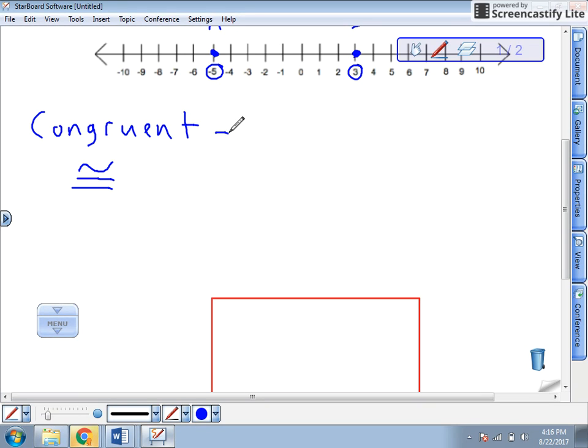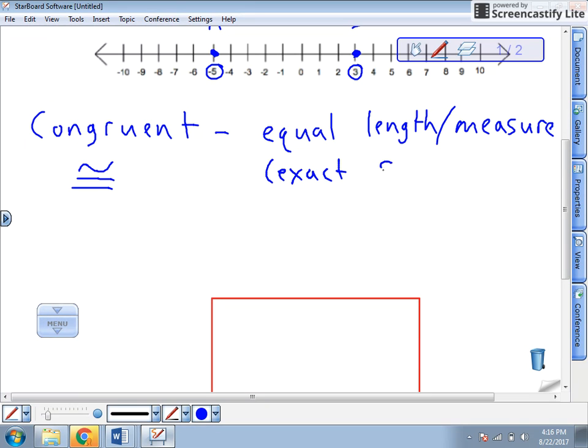It means equal. If 2 objects have the equal length or measure, in our case, it'll be length, or again, means exact same size.